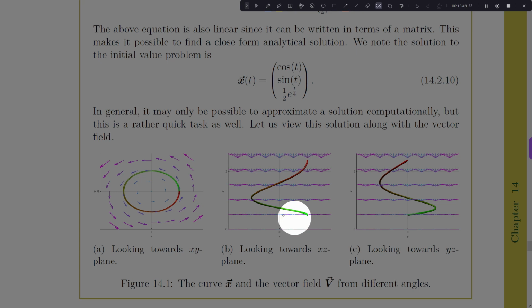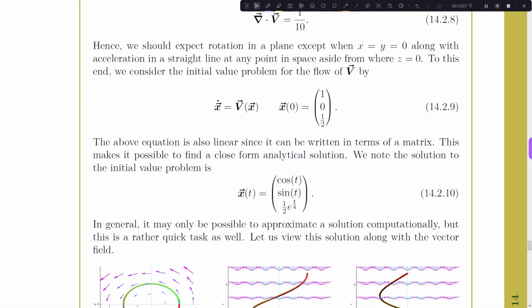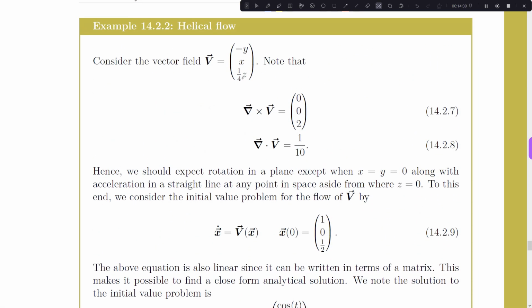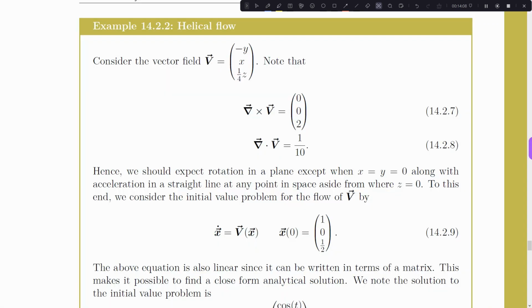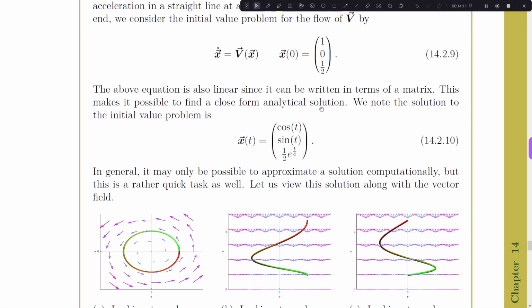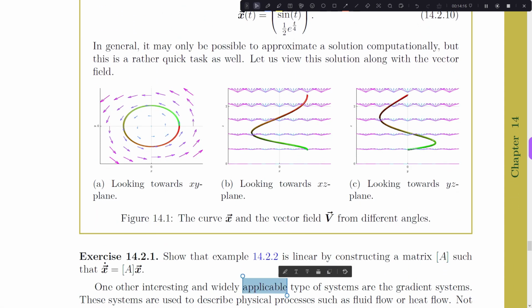Green is where we start and red is where we end. It moves up over time in sort of a helical path through the vector field because we have a positive divergence, and in fact a positive divergence in the z direction. So this is saying we're being pushed in the upwards direction by our vector field. So that's basically the flow of the rubber ducky inside of this vector field.